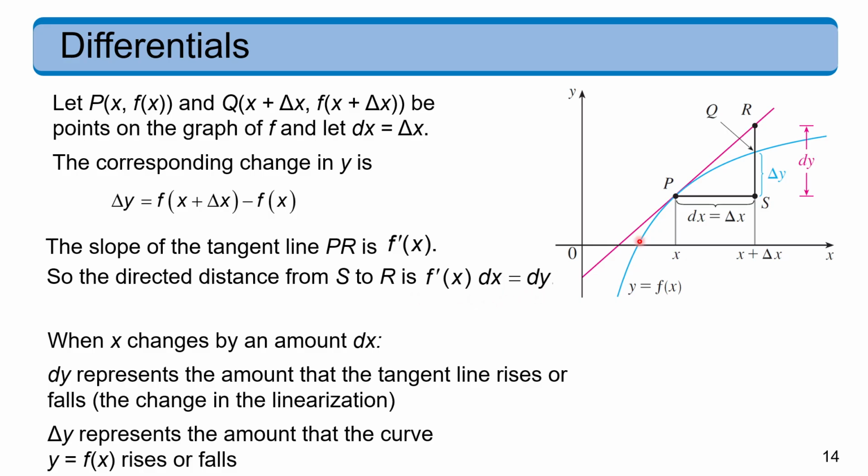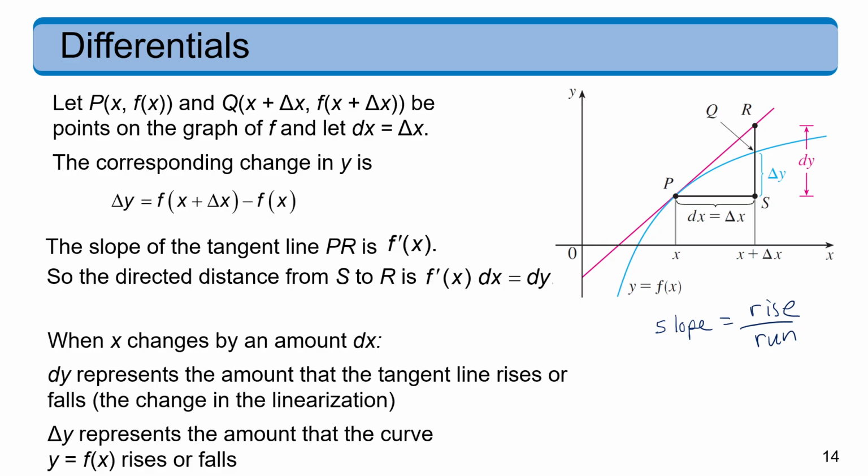Now this next statement here needs a little explanation. We know that the slope of this line can also be calculated by rise over run. The rise is this length here, because here's our run and our rise. So let me write out slope equals rise over run.